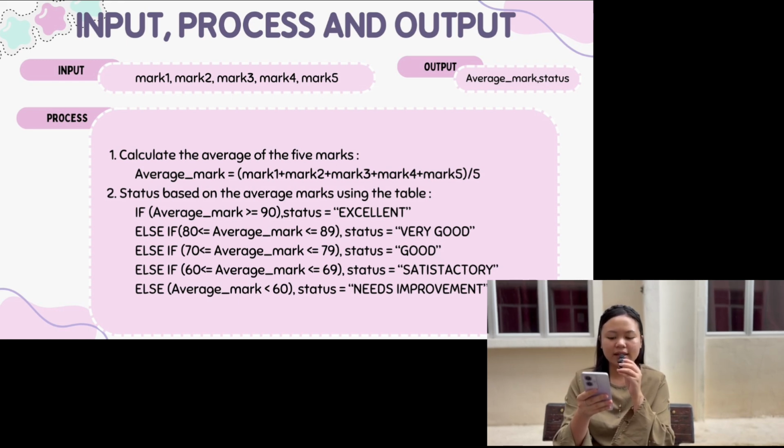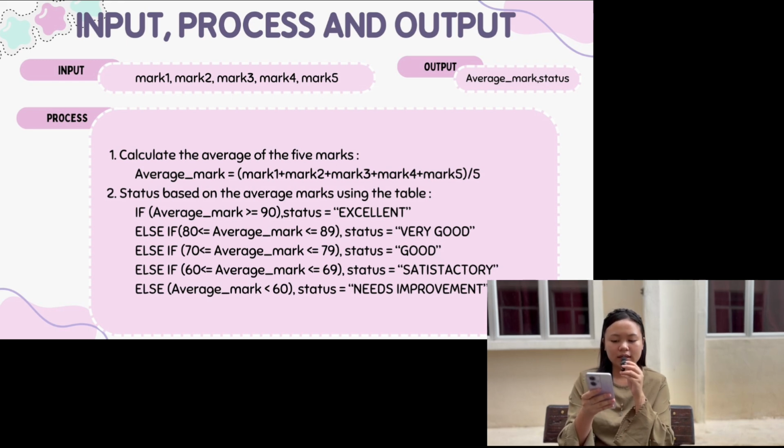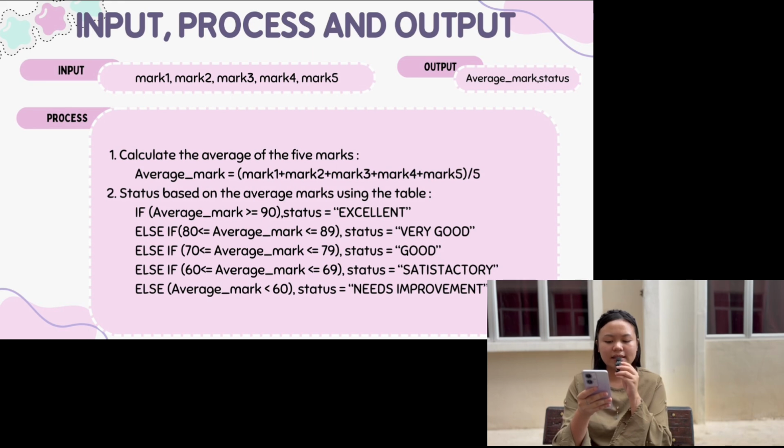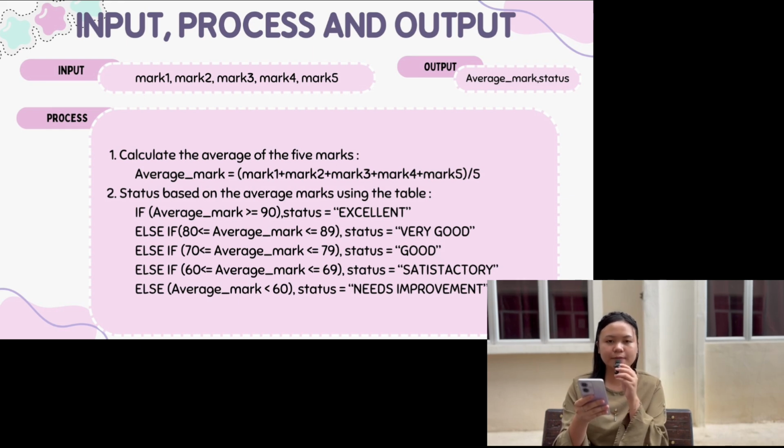Else if 80 is less than or equal to average mark less than or equal to 89, status is very good. Else if 70 to 79, status is good. Else if 60 to 69, status is satisfactory. Else average mark less than 60, status needs improvement. And for the output, average mark and status.